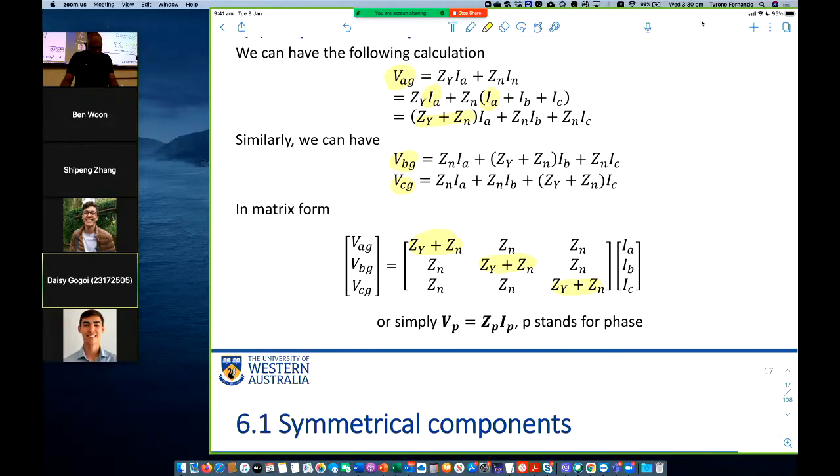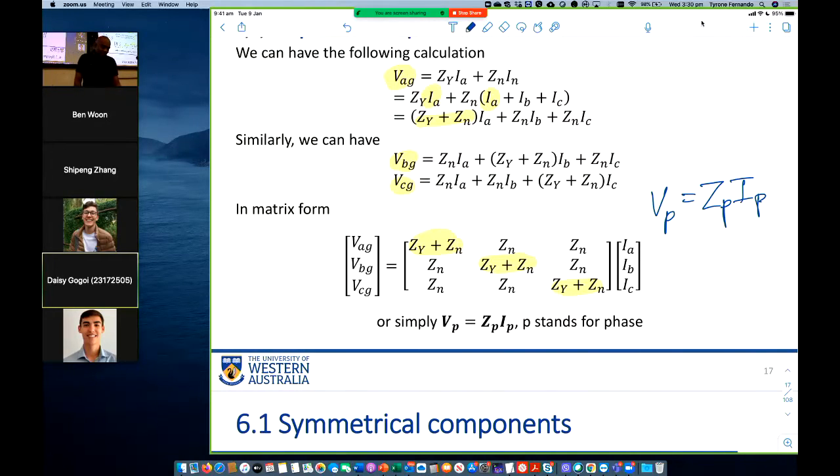Simple verification that you can make. So we have this expression on the right hand, on the left hand side we have the phase voltage, then we have some impedance, we'll call it phase impedance matrix. On the right hand side we have the current vector, the phase current vector Ip. So we can say Vp is equal to Zp times Ip.